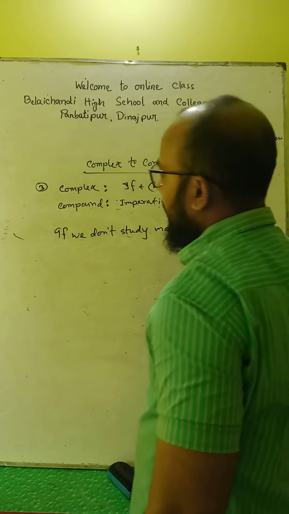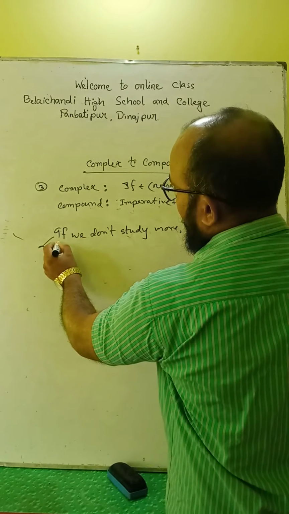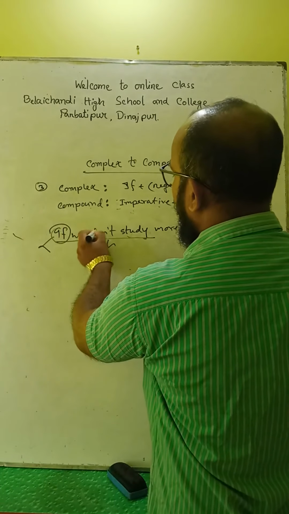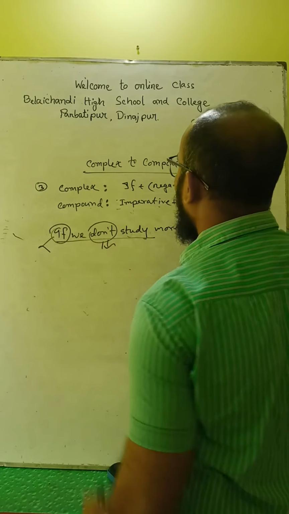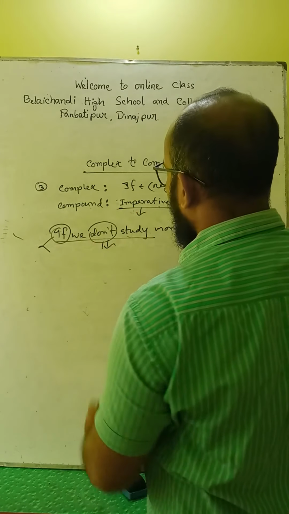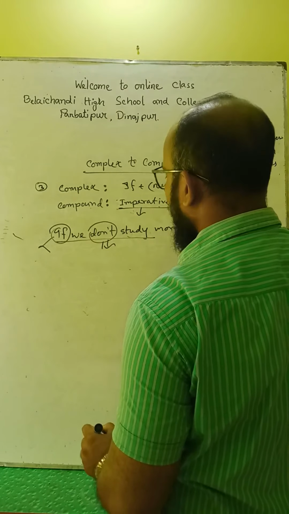Now I will make it compound. This subordinate clause starts with if, but it is in negative form. That is why we have to make it imperative. Then we have to use or as a connector.